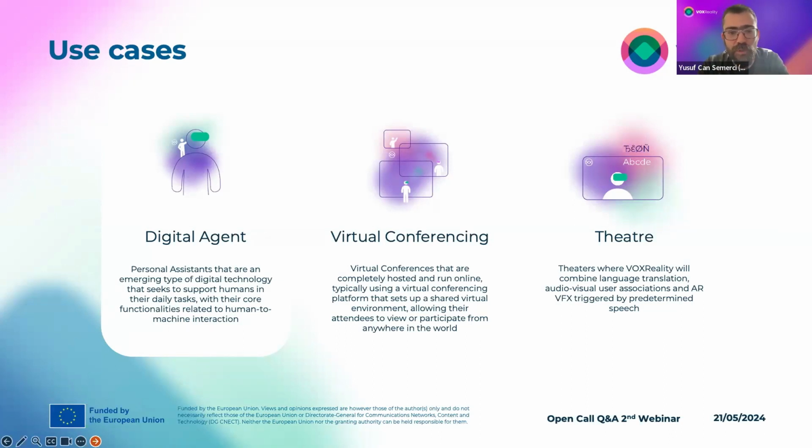The second one is virtual conferencing, where you can use our assistant that is helping with navigation, and also multilingual communication between people in virtual conferences. And the last case is augmented theater, where we are using audio-visual information to provide real-time translations on a theater play.